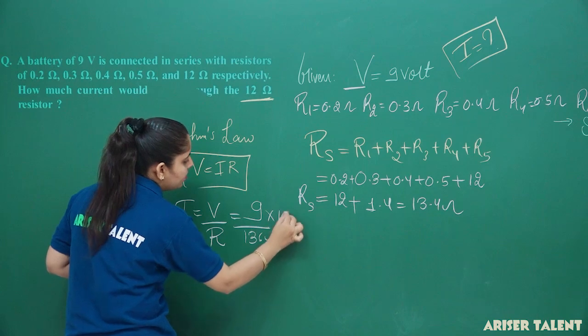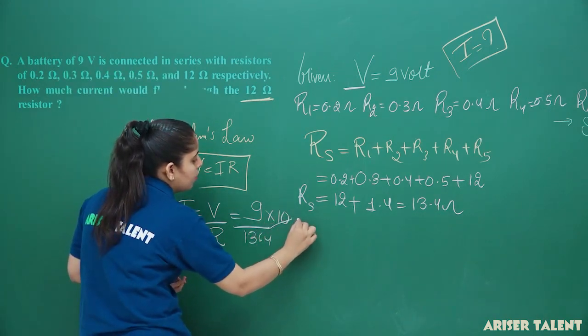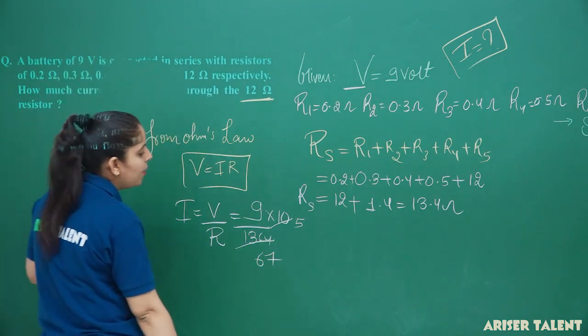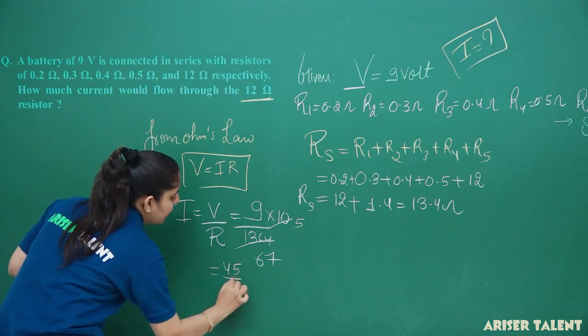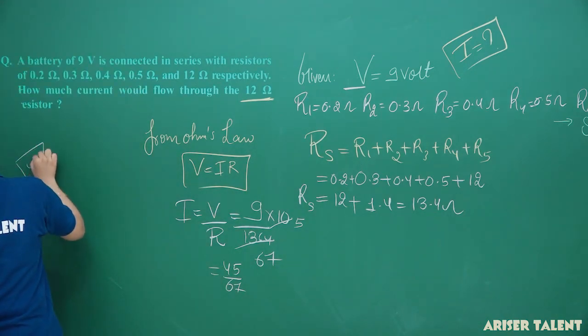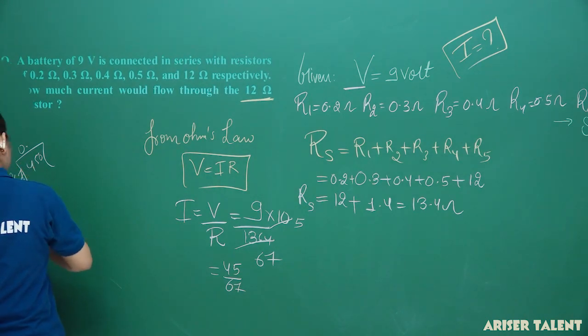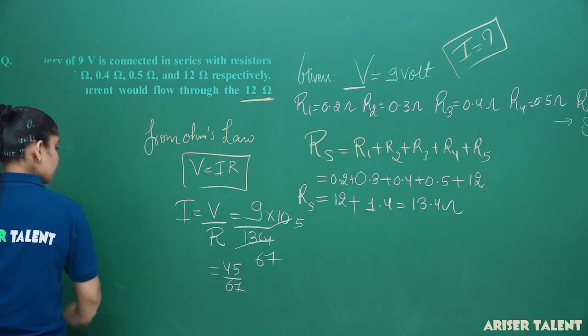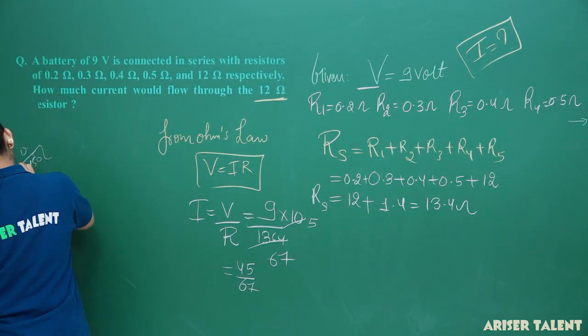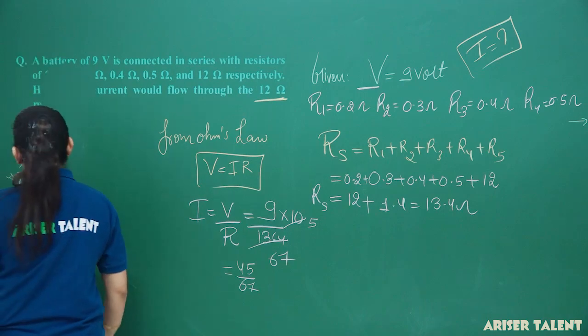So the decimal point must be shifted here. What am I getting here? 2 5 are 10, 2 6 are 12 and 67 here. So 9 upon 67 into 5, which comes out to be 45 upon 67. On dividing 45 and 67, it comes out to be almost 0.6 ampere.